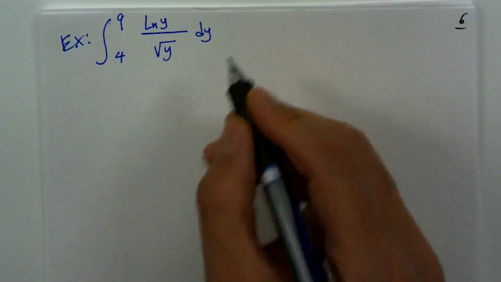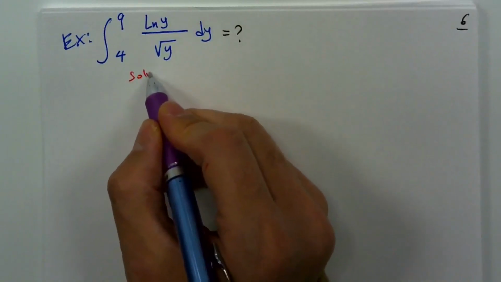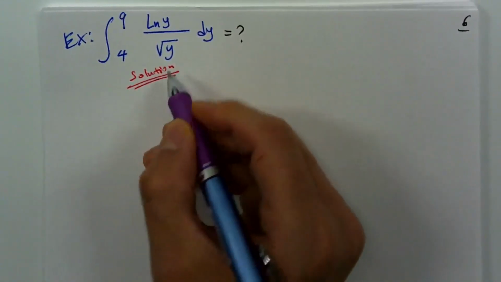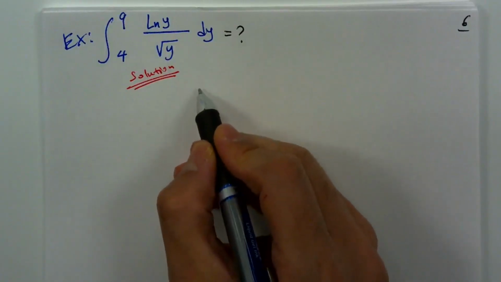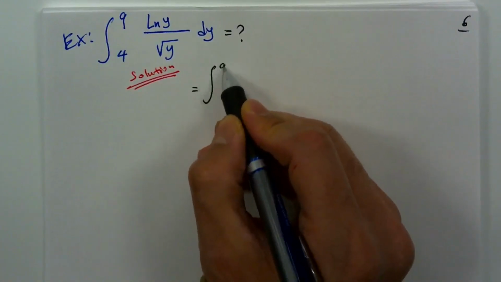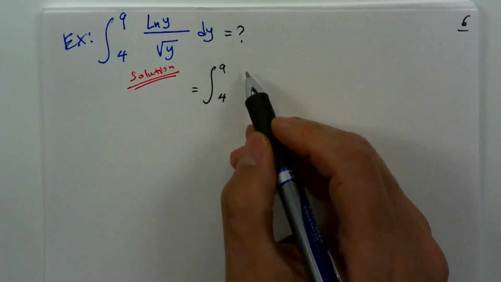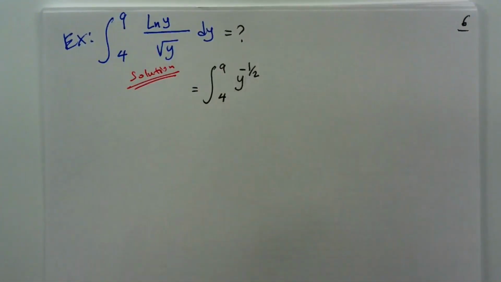So this is what we want to calculate, and so let us write this as the integral from 4 to 9 of y to the minus 1/2 power, right?